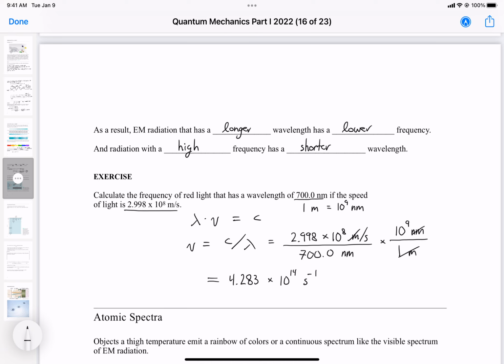So this kind of makes sense, right? Because light waves are moving on the order of 100 million meters per second. So it's going to be a really high frequency.